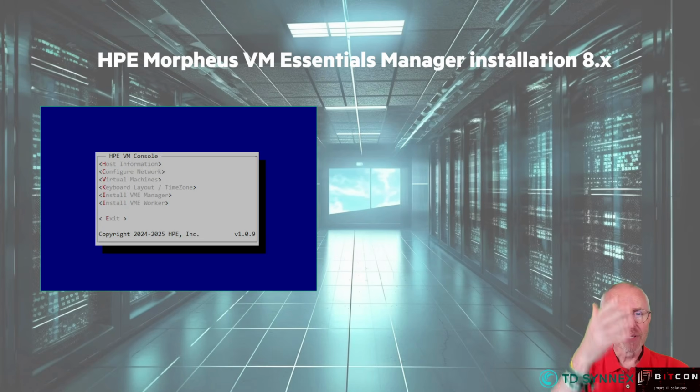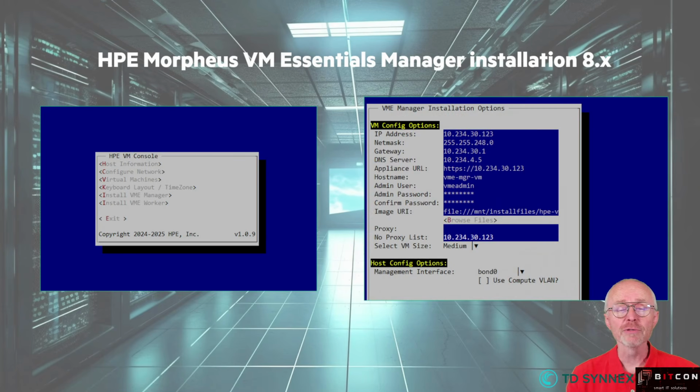And in there, you have that option, install VME Manager, and then you got this screen where you have to enter all that information like IP addresses, gateways, the name, username, password, and then also the link to that QCOW image that you had to upload on that host all by yourself.